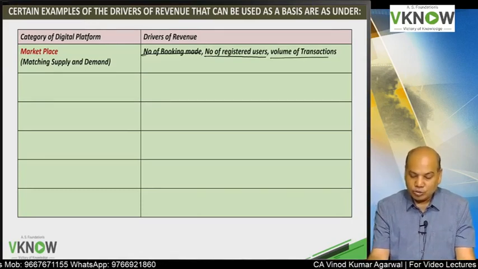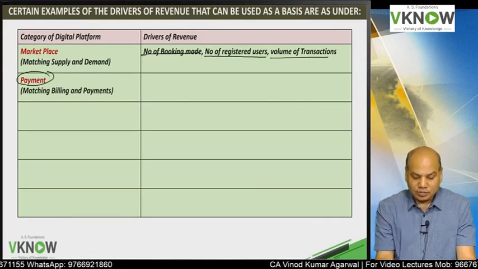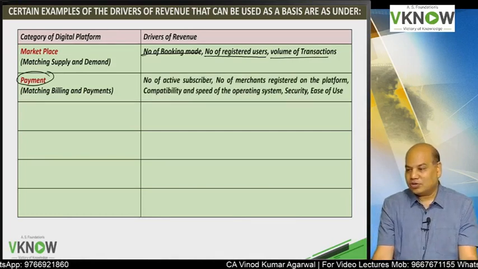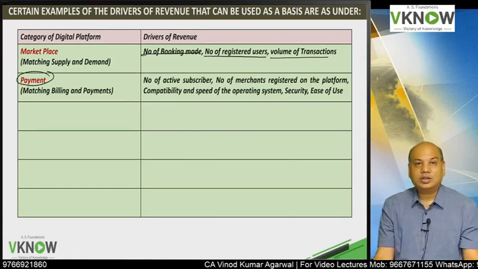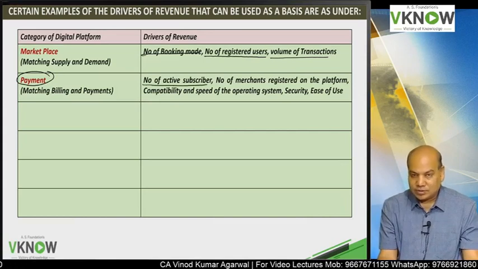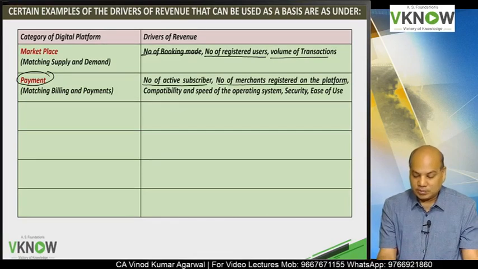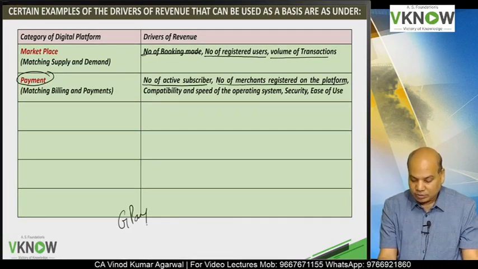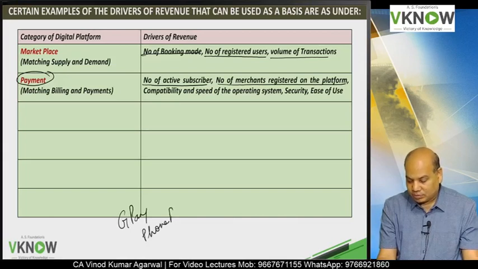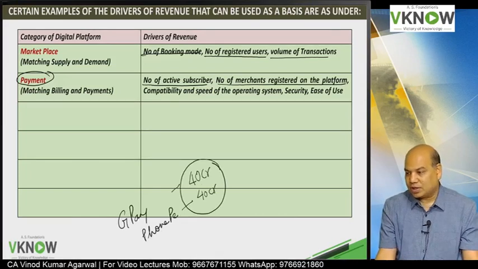More the registered number of users, higher will be the valuation of that platform. Then it depends on volume of transaction in that platform. If it is a digital payment platform where the person who wants to pay is matched with the person who has to receive the payment, there also the valuation depends on the number of active subscribers and the number of merchants registered on the platform. Companies like Google Pay and PhonePe claim they have around 40 crore registered subscribers.